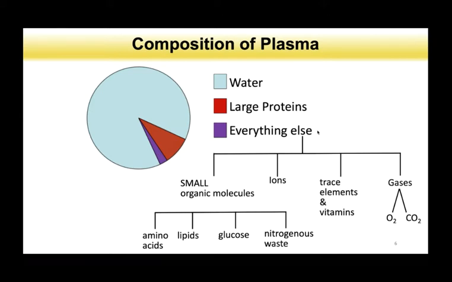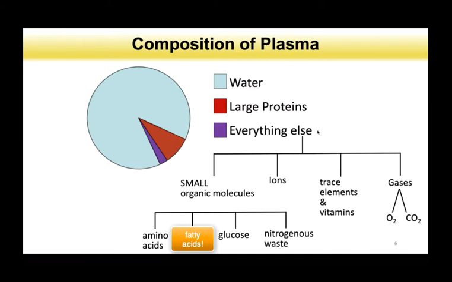Small organic molecules, so amino acids, lipids, really, that should say fatty acids, glucose, and then nitrogenous waste. Nitrogenous waste is just a fancy way of saying nitrogen-containing waste. Then we've got trace elements and vitamins, right?